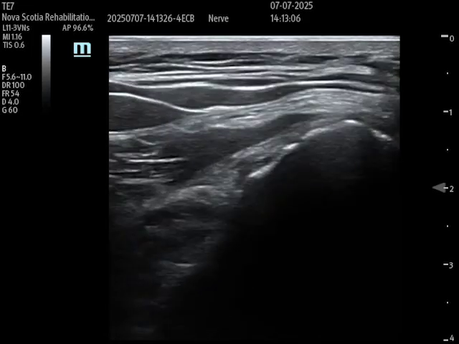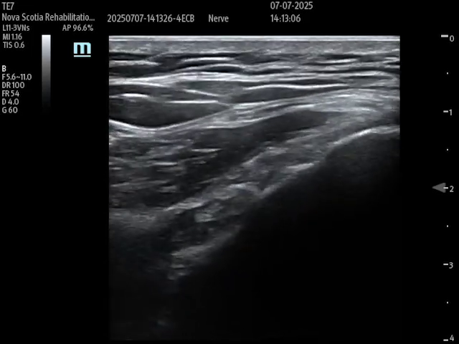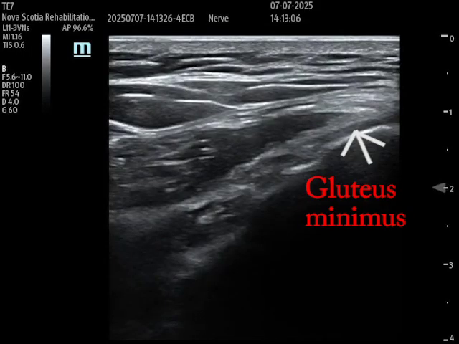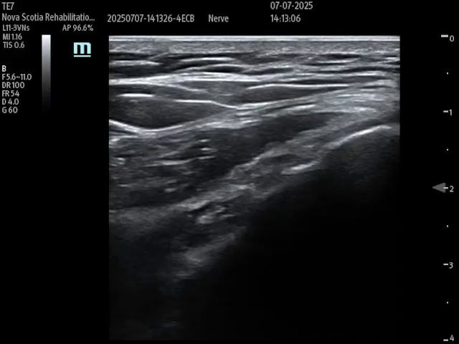So what I'm going to do now is bring the probe, translating anterior, and I'm just going to pause there, and you can see some of the fibers of the gluteus minimus tendon. Again, that inserts onto the anterior facet. In the next clip, I'm going to translate more posteriorly so that I can appreciate the gluteus medius tendon.